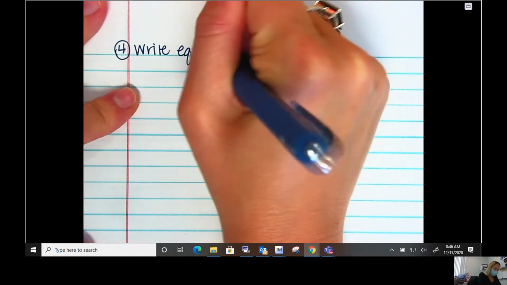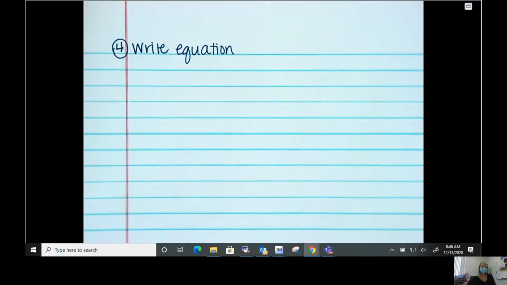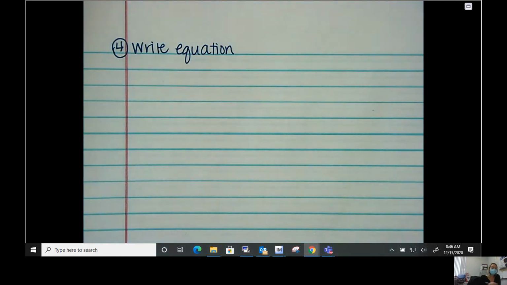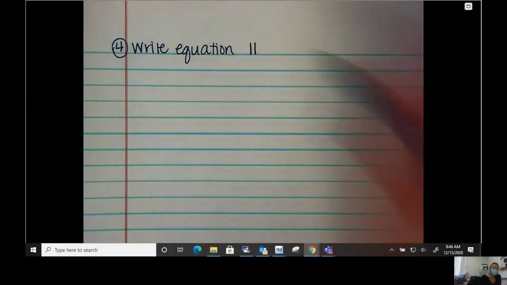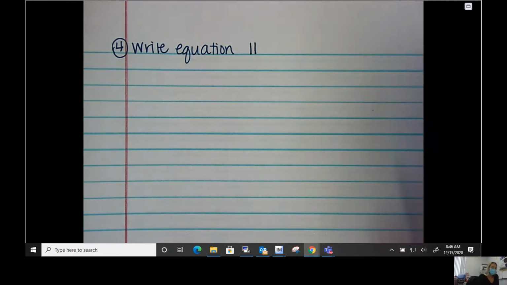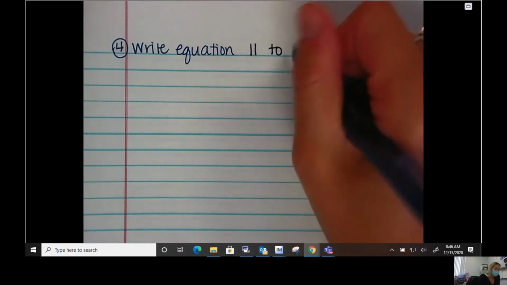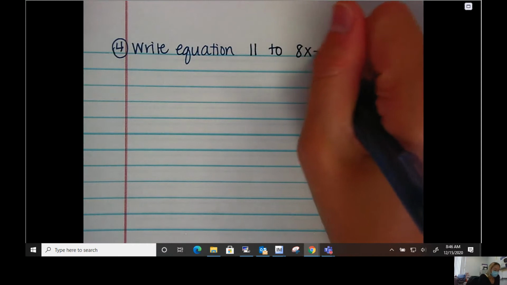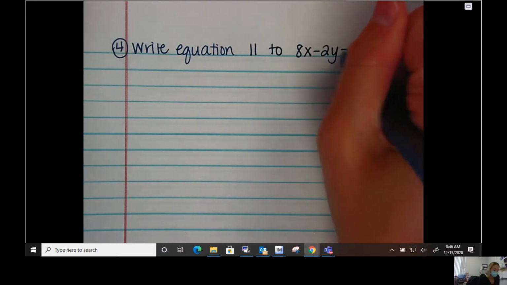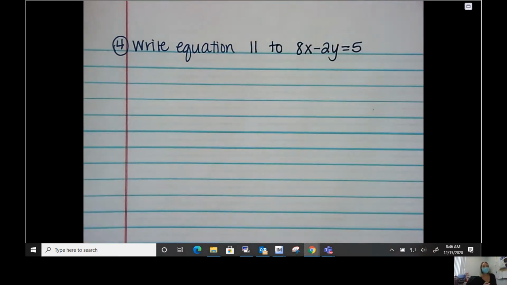Okay, so number 4. I want you to write an equation of a line that is parallel. So I'm not going to write the word parallel if you don't mind. Parallel to 8x minus 2y equals 5. So I want you to write an equation that is parallel to 8x minus 2y equals 5.